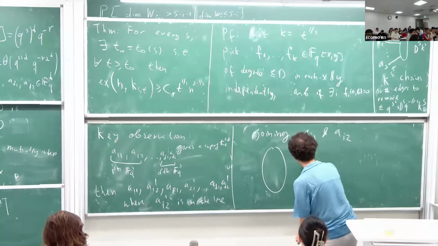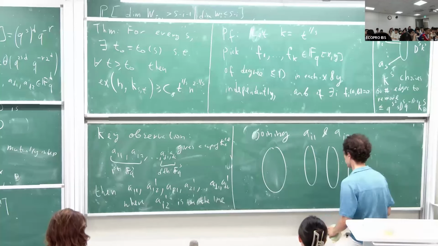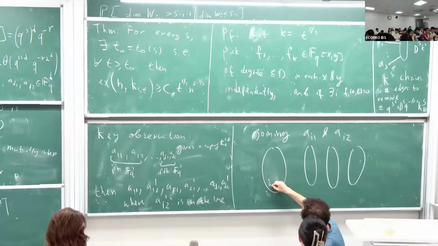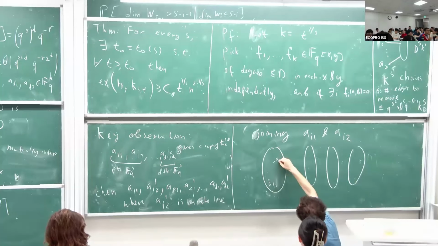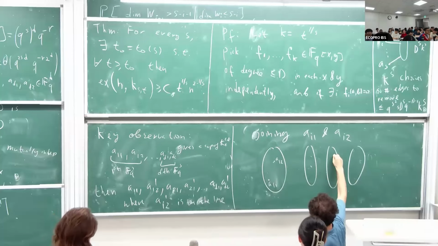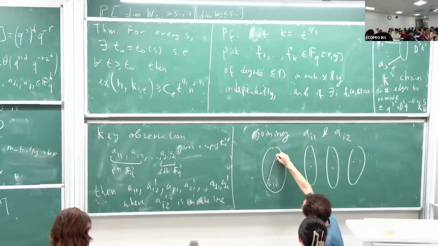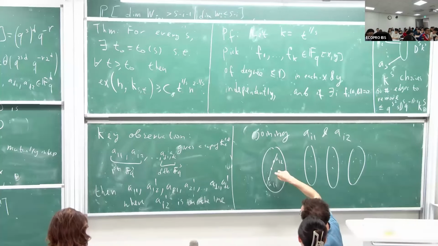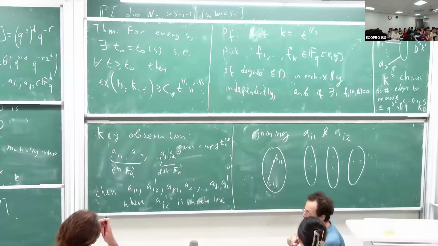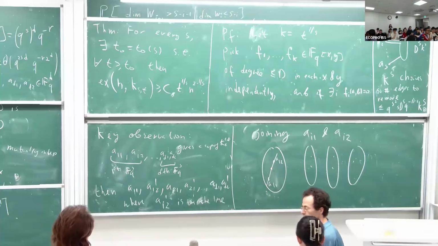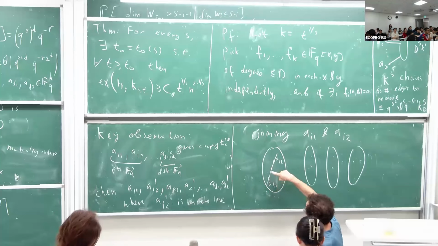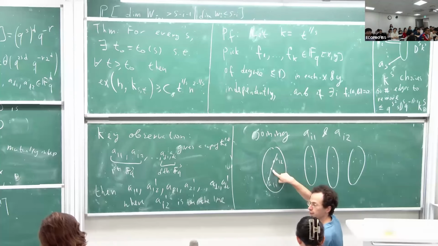So, a bigger picture. There is A11 here, A12 here, and there are a bunch of vertices here. I look at the line passing through them. If I replace A12 by any point on this line, the value of T will not change because T is linear, and it takes value 1 here and 1 here, so it's going to take value 1 here as well.